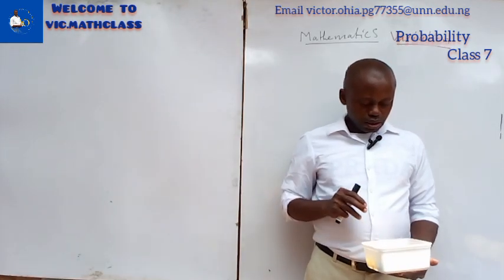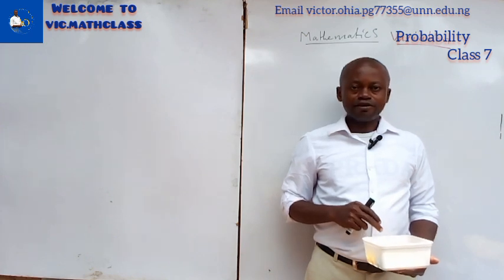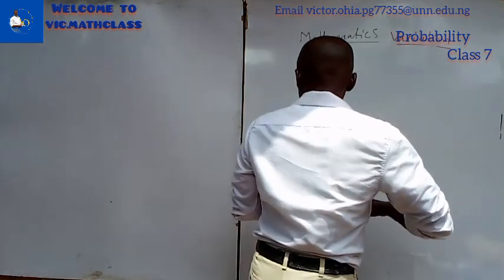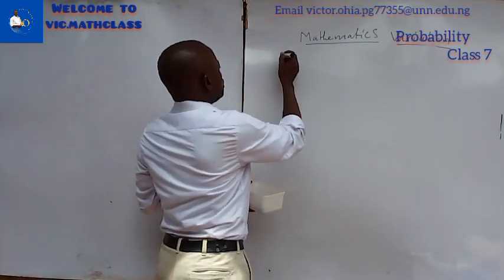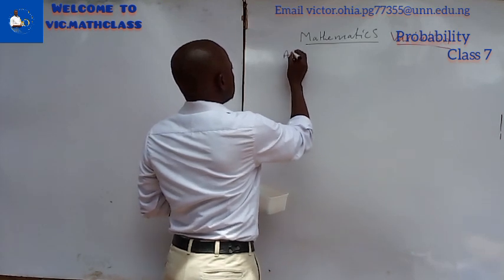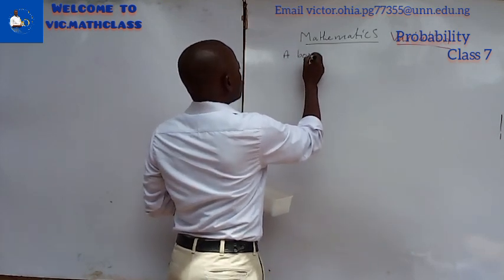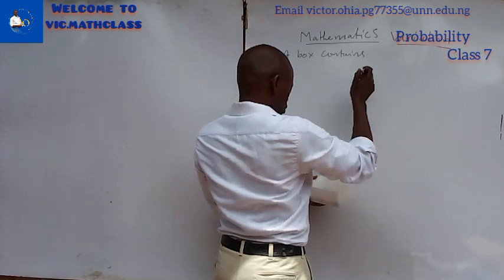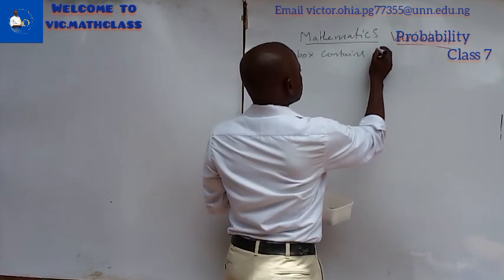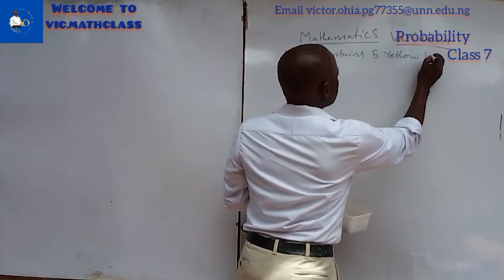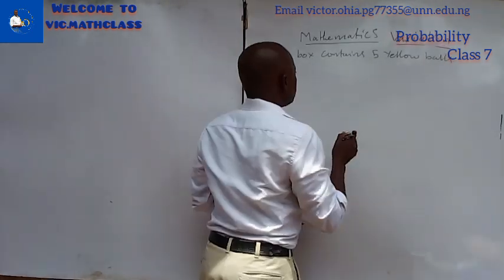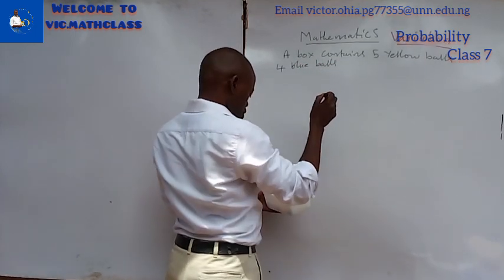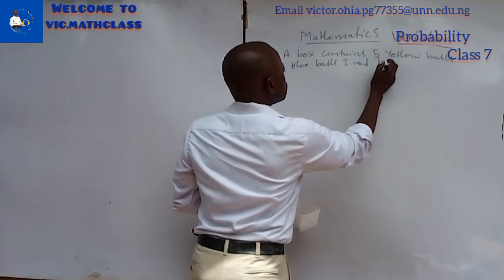Here with me, in this box I have here, assuming I have a question that says: a box contains 5 yellow balls, 4 blue balls, and 3 red balls.